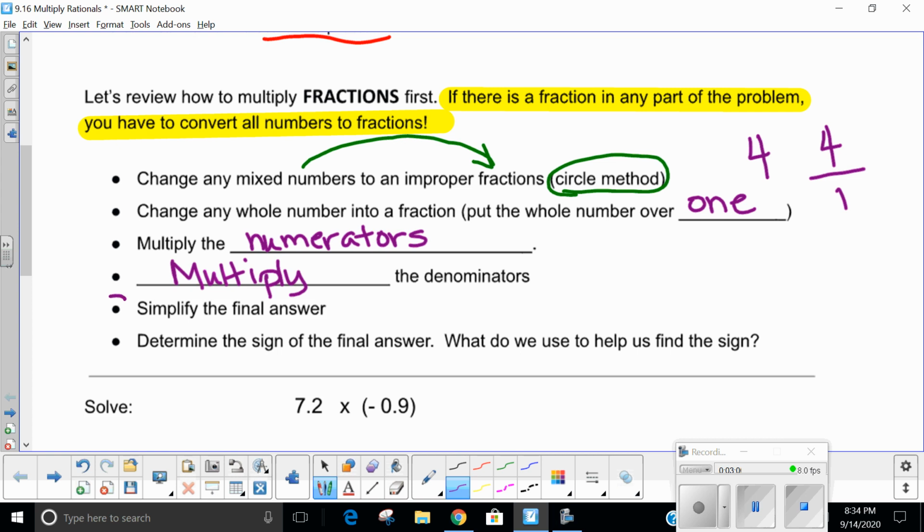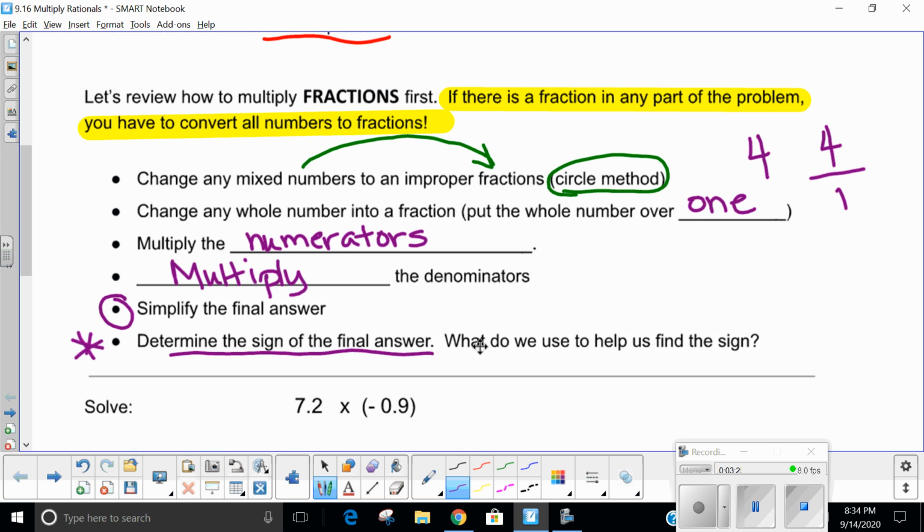And then last, we're going to simplify the answer. Anytime we have a fraction as our final answer, we may have to reduce it or simplify it. And then our very last step is going to be to determine the sign of my final answer.